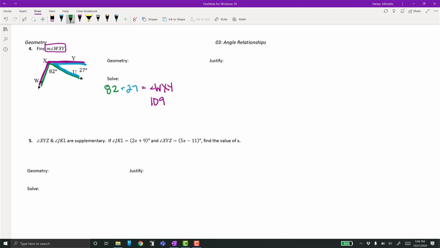But we need that geometry part. So green here, 82, says that this smaller angle here, WXU, plus this blue color, UXY, would equal my purple.